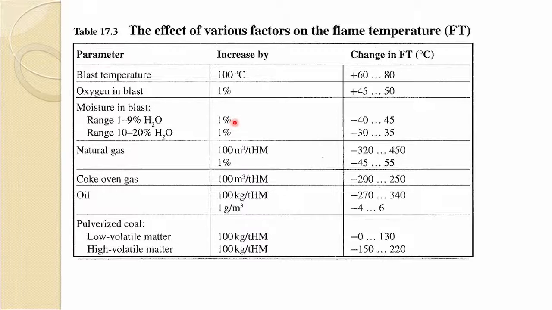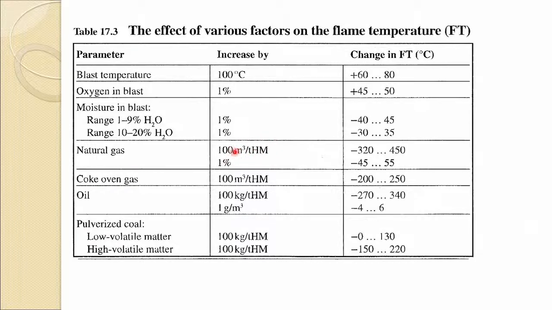Similarly, 1% moisture in the blast, because certainly moisture will reduce it, will not increase. So, it reduces the flame temperature between 40 and 45, and if a higher percentage of this, then it reduces further. Similarly, the natural gas.